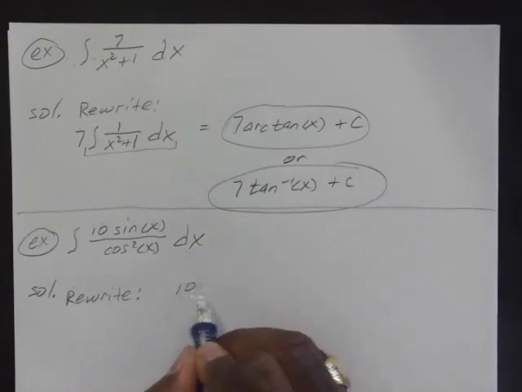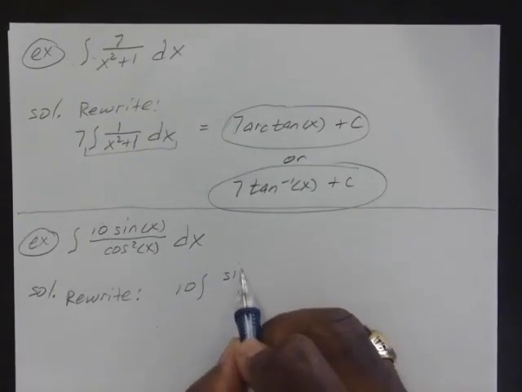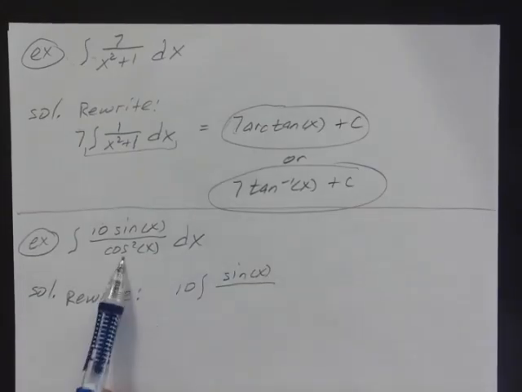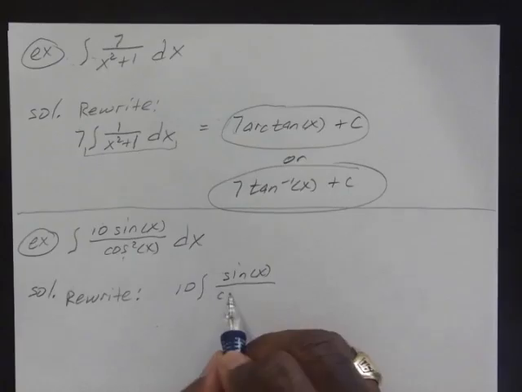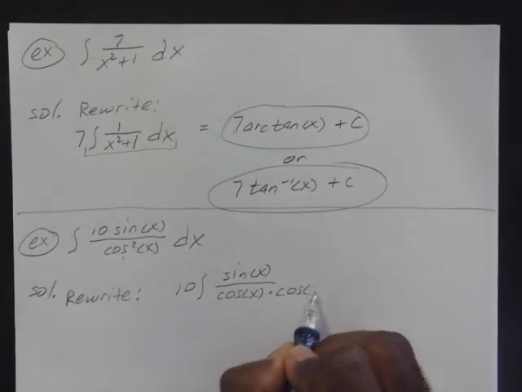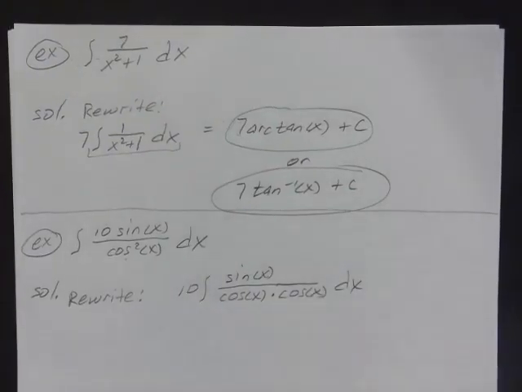So I'll just make that 10 times the antiderivative of sine of x divided by cosine squared, which is just cosine times cosine. So I'm going to write it as cosine times cosine with respect to x.